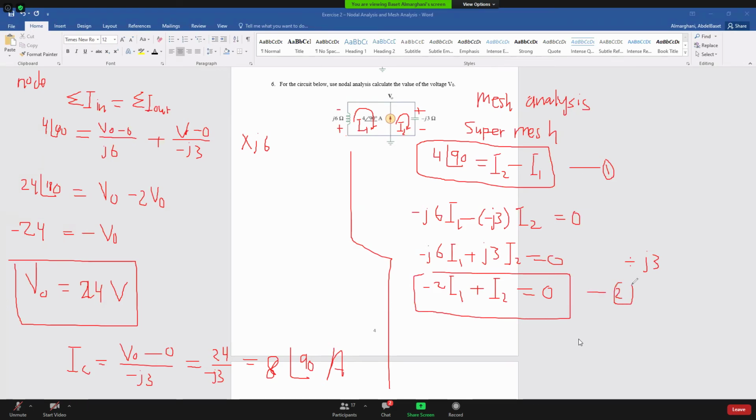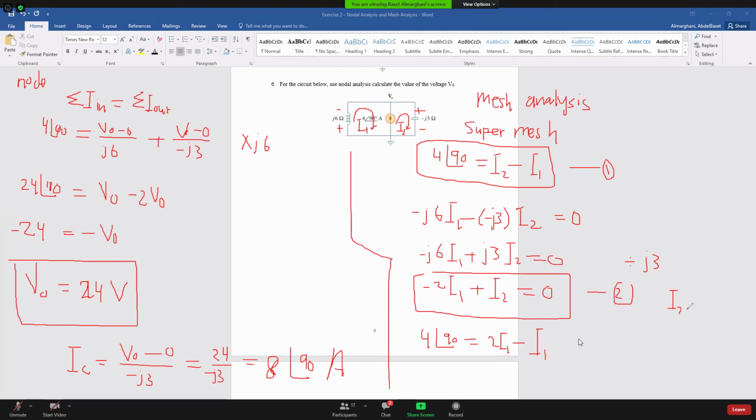I can solve these two equations by substitution. Maybe I can say I2 equals to 2I1, from here, and substitute it there. So 4 angle 90 equal to I2, which is 2I1, minus I1 from this equation here.